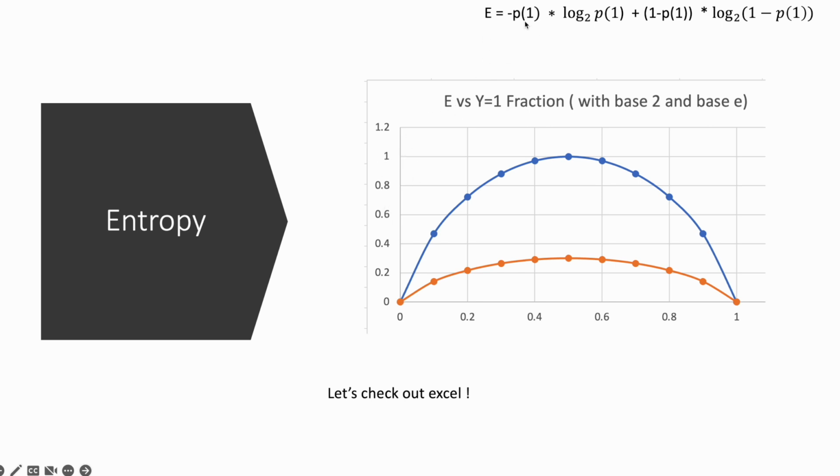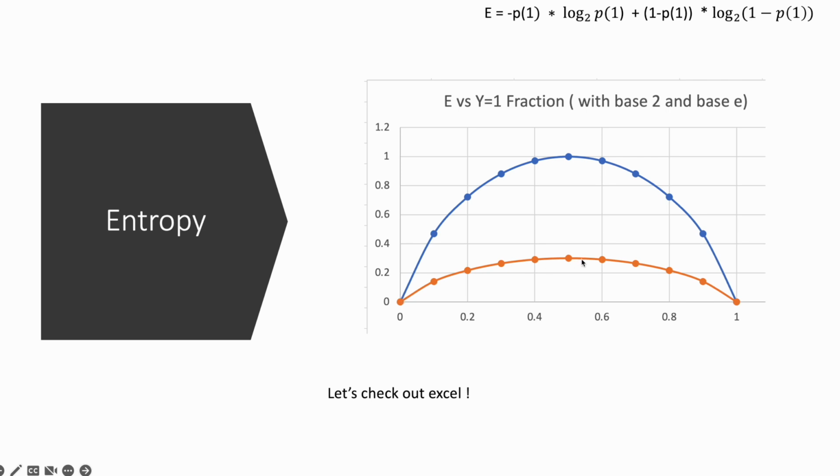If I plot this for, let's say, P1 equal to 0.1, 0.2, 0.3, 0.4, 0.5 till 1, my graph looks like this. My blue graph represents the base 2. If I plot the same thing with log base natural number e, Euler's number, my graph is this, okay?